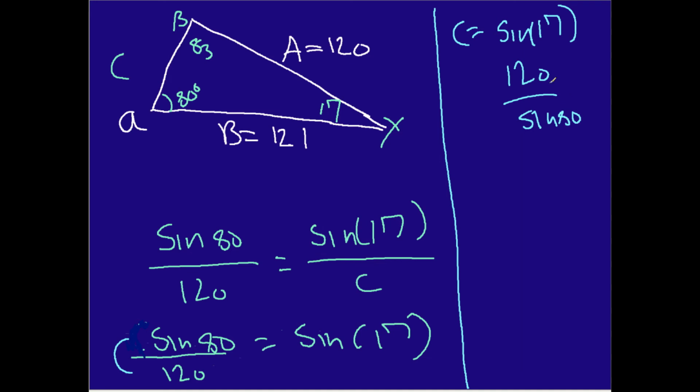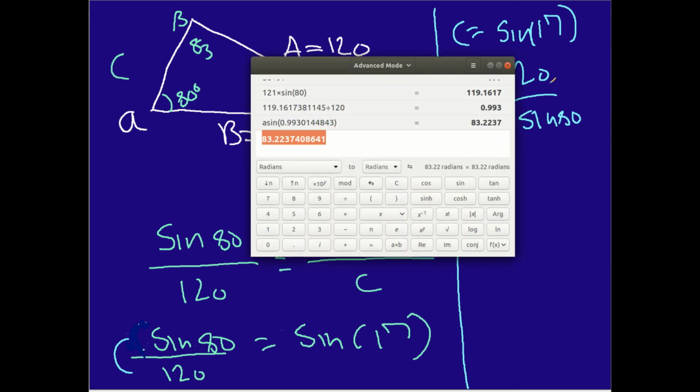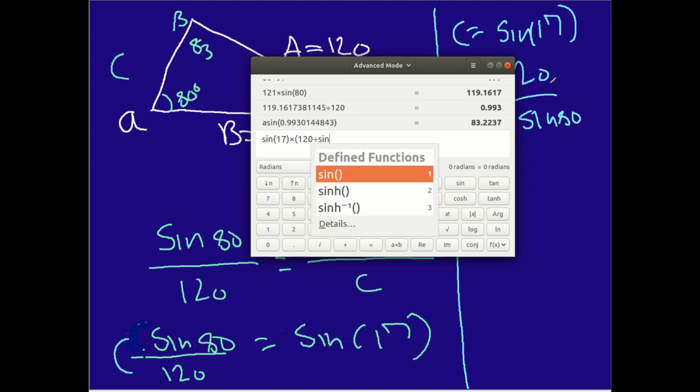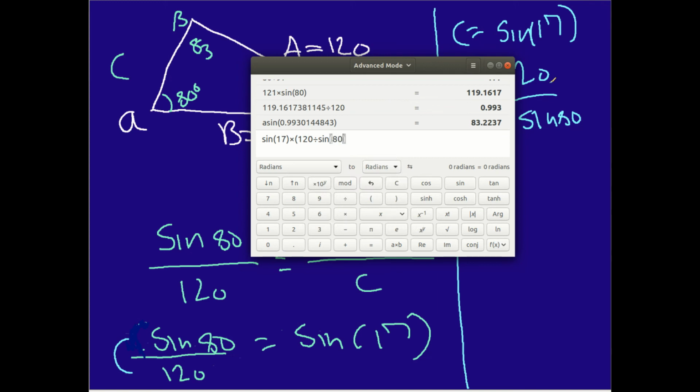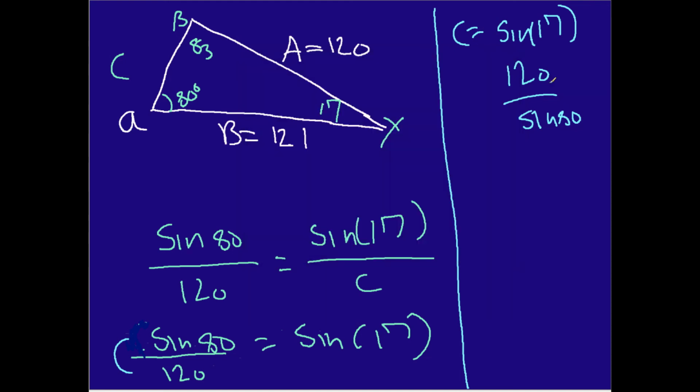And so if I put that into the computer, essentially I have sine of 17 multiplied by 120 over sine of 80. Let's see what we get. And so we get a length of 35. So the length of this gamma side here is going to be 35, like so.